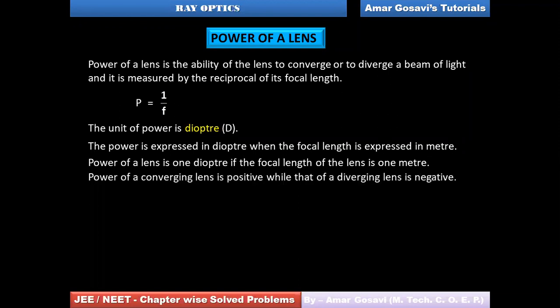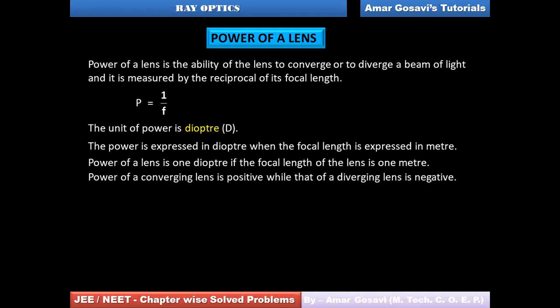Now, when we talk about the power of a converging lens, meaning convex lens, we have to consider it as positive. Why? Because you would be measuring the focus on the other side of the lens, that means on the right hand side. And therefore, if the focal length is positive, then obviously the power has to be positive.